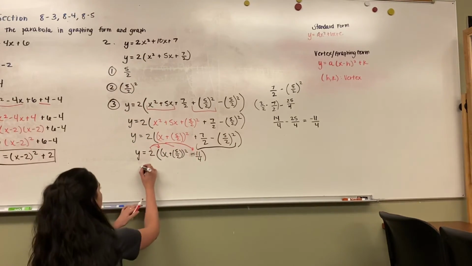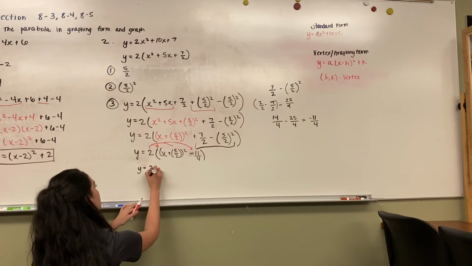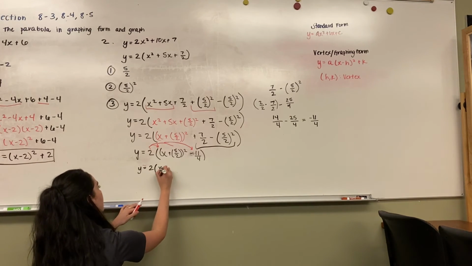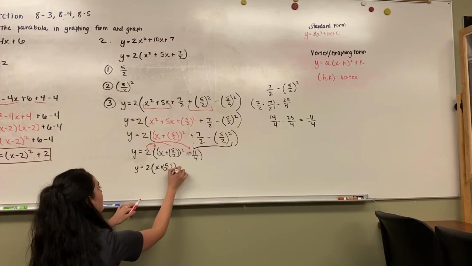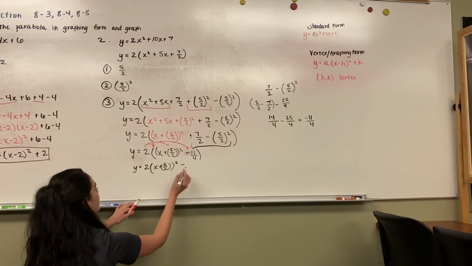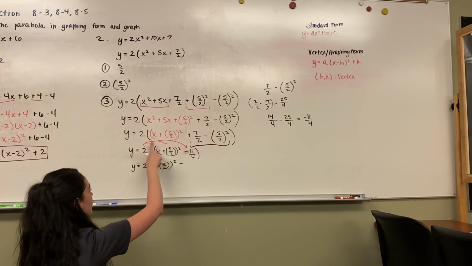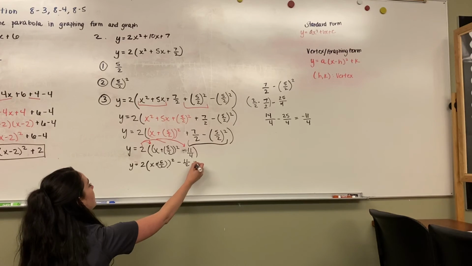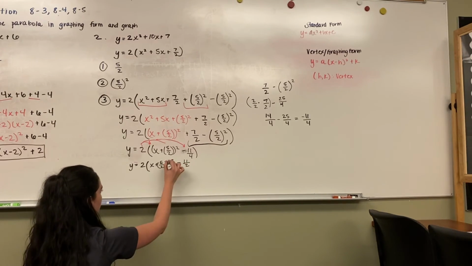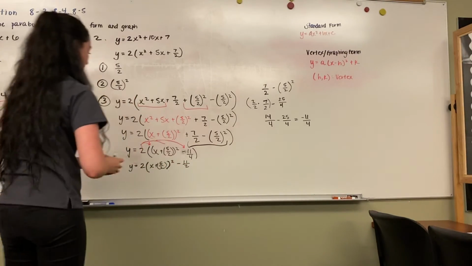So we get y equals 2 times x plus 5 over 2 squared, and then negative 11 over 4 times 2 is negative 11 over 2. Did I make enough parentheses? Yes. Okay, so now look here.